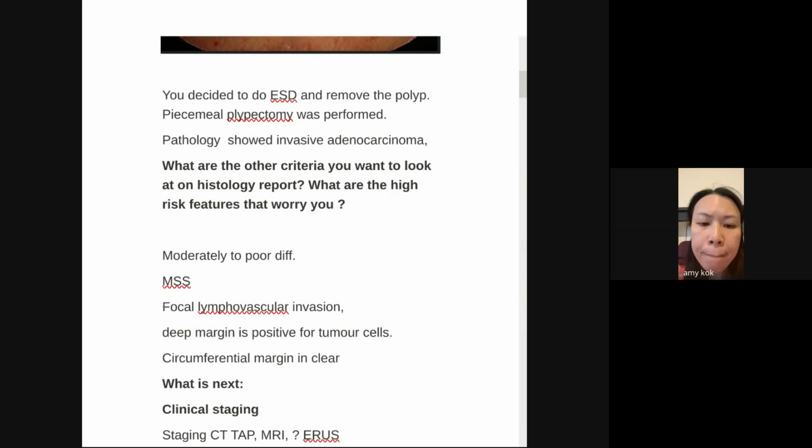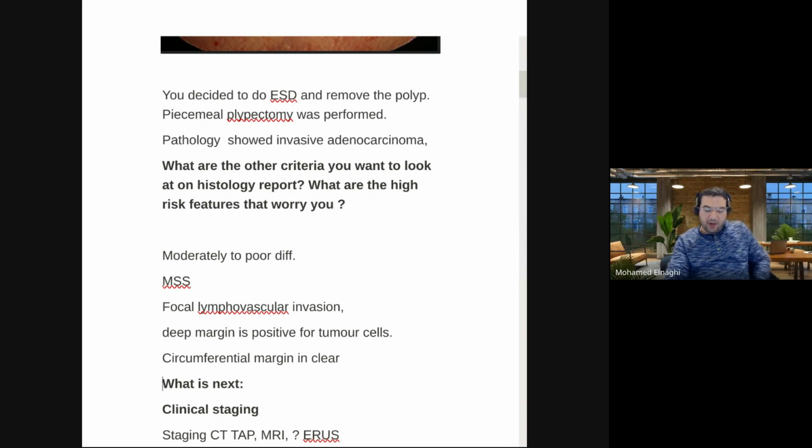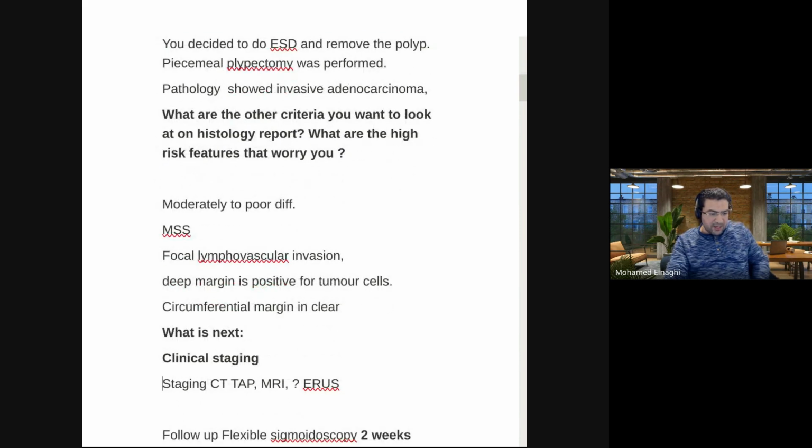You need to make sure that you say MRI rectum, because you don't do MRI pelvis for rectal cancer. So you did MRI rectal protocol, and some of your colleagues suggested that you may do endorectal ultrasound as well, but it's not necessary. Okay, so do you want to repeat an endoscopy or repeat rectal sigmoidoscopy or anything?